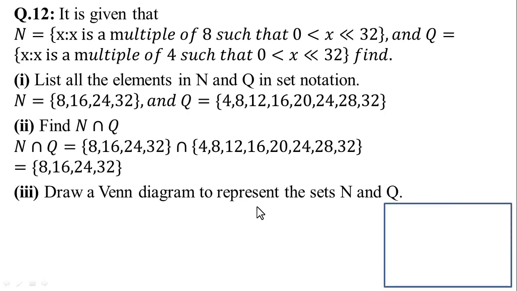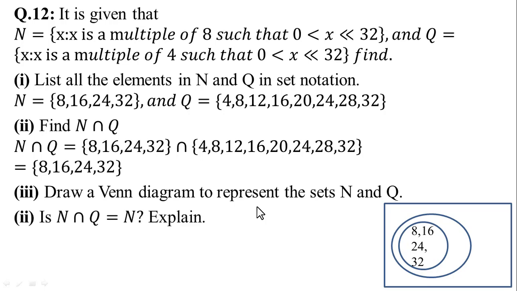Now in the next part, draw the Venn diagram to represent the sets N and Q. So we draw the universal set, and the first set and second set, because N is a subset of Q, so all elements of N are in Q. Now in the next part, if N intersection Q is equal to N, explain why.